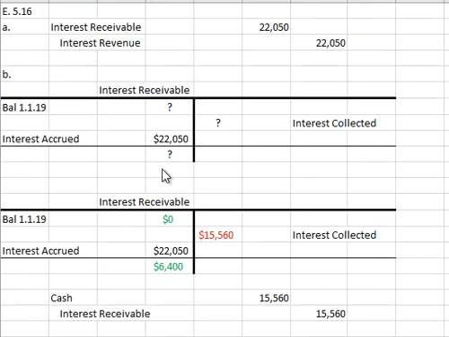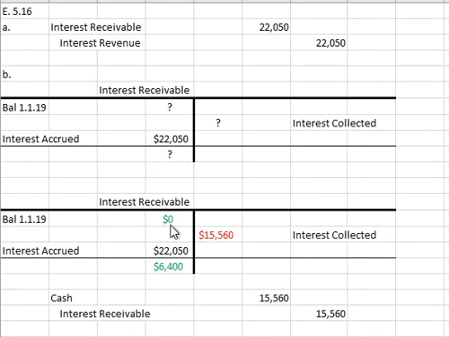So what we want to do is take a microscopic look at one account, the interest receivable account, and try to figure out how much interest was collected. You'll see there are question marks. They didn't give us the beginning balance, the ending balance, or the interest collected, but they did tell us that this account went up $6,400.